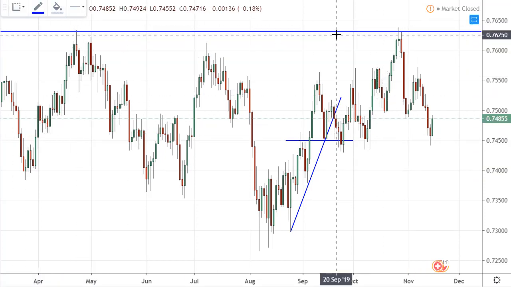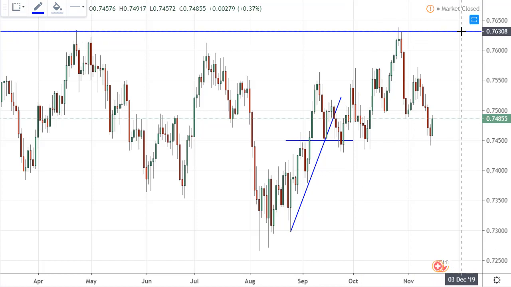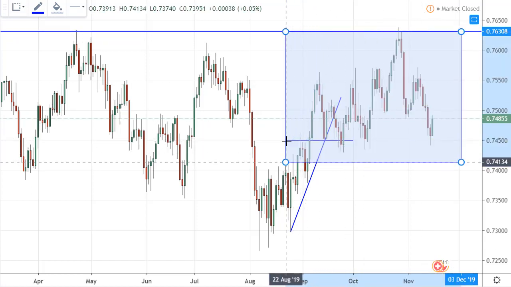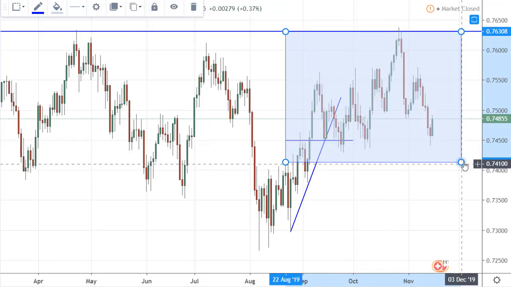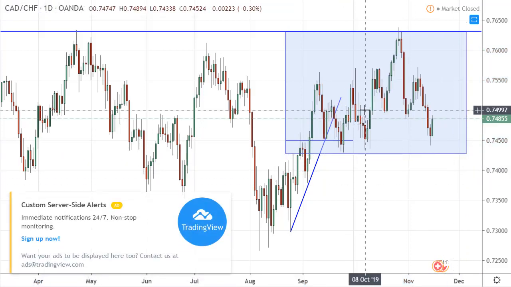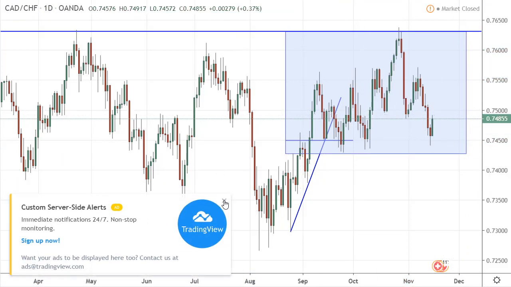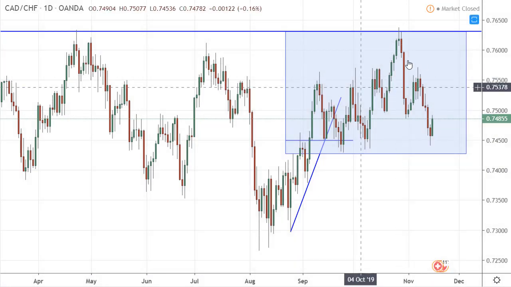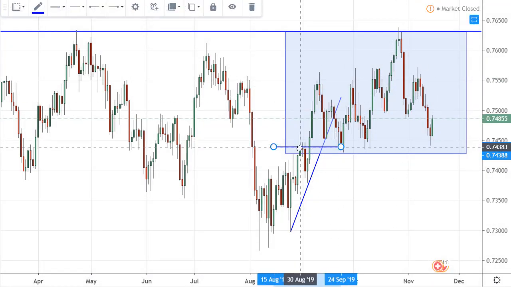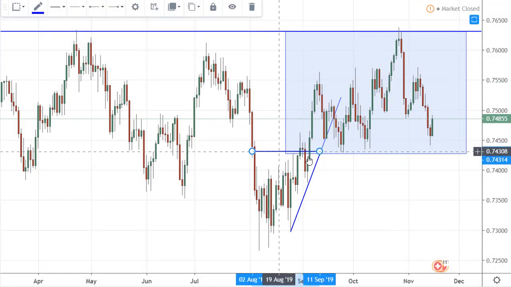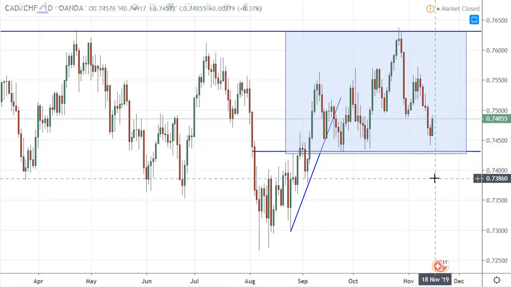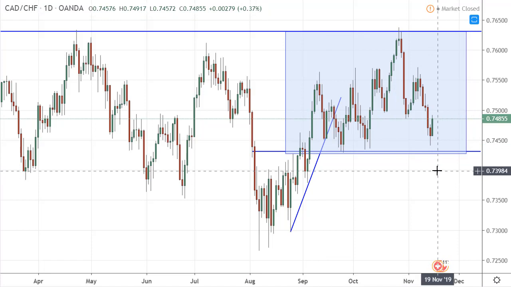I think it was the Australian dollar against the Swissy, and as long as this level here is in place, the market has not shifted, in my opinion. So yeah, looking for this. This is interesting. Okay, so that is that.